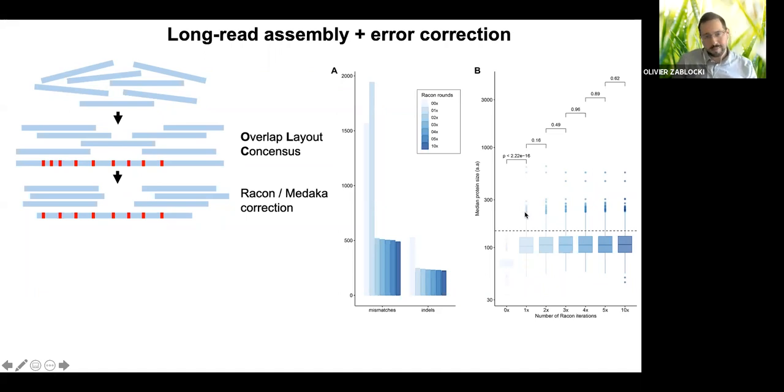So if you have too many mistakes on a contig, this may translate into a stop codon prematurely, where it's not supposed to be a stop codon in the middle of your protein coding sequence. And so what we saw is that uncorrected, the median protein size in amino acids is about 70 amino acids. Whereas here, this dotted line represents the median for short read based protein sizes.